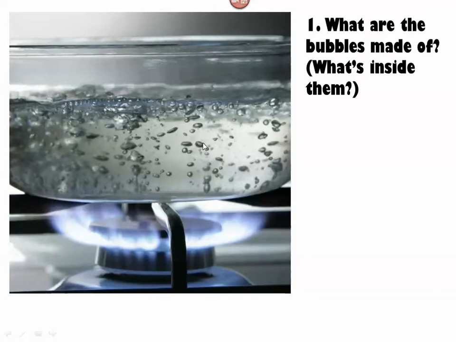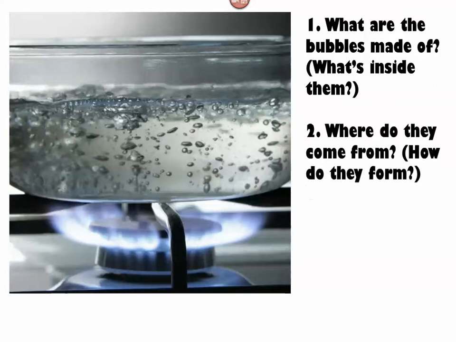So it's water that's been heated up past 100 degrees, and those molecules get so excited they expand and form a gas. And so those gas bubbles here are actually water in vapor form. And then as they rise up, they release out into the atmosphere or into the room as water vapor. So they're actually made of water. Even though they look like they're air, they're actually water vapor.